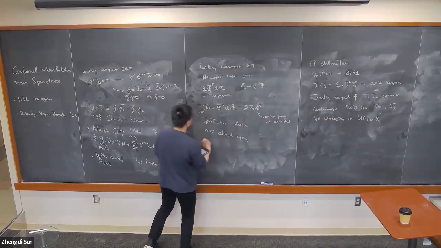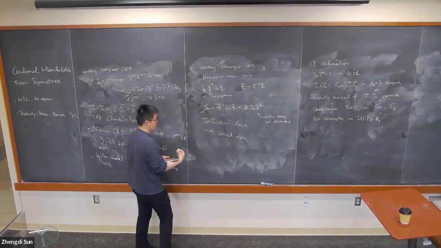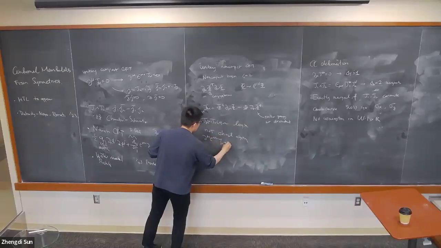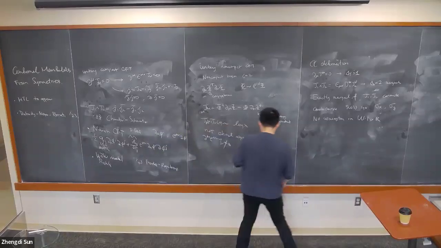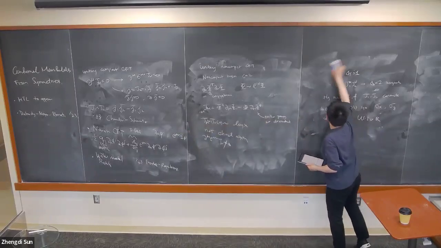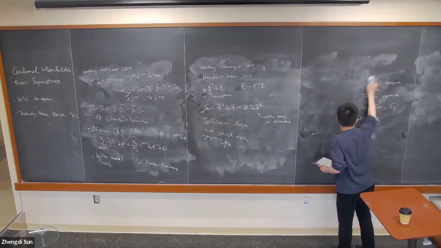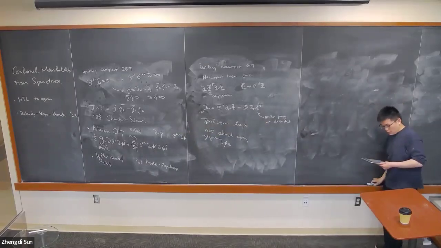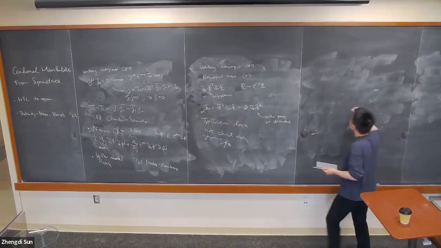In particular, one can check that the Hodge dual of this current is actually not conserved. But still, you can try to use this current to perform a current deformation, and that has been discussed in the literature.